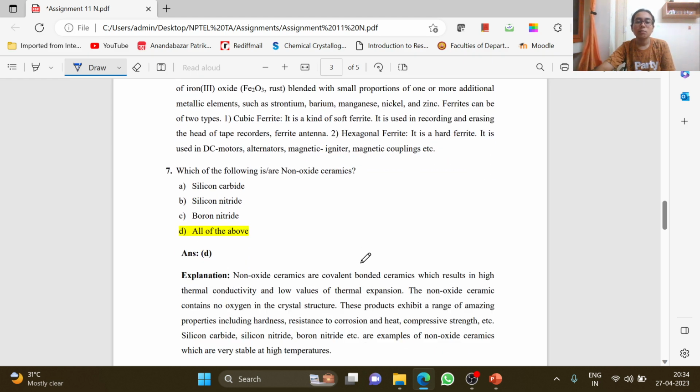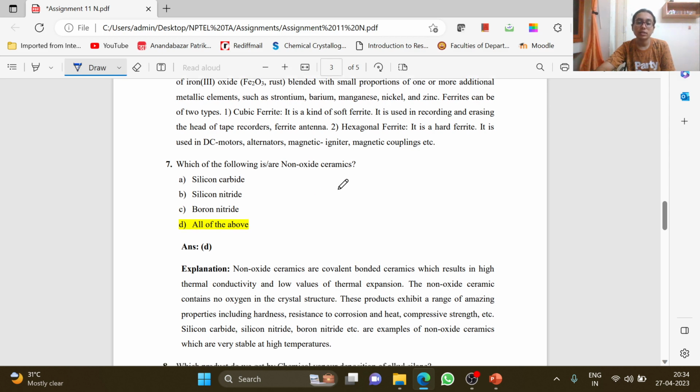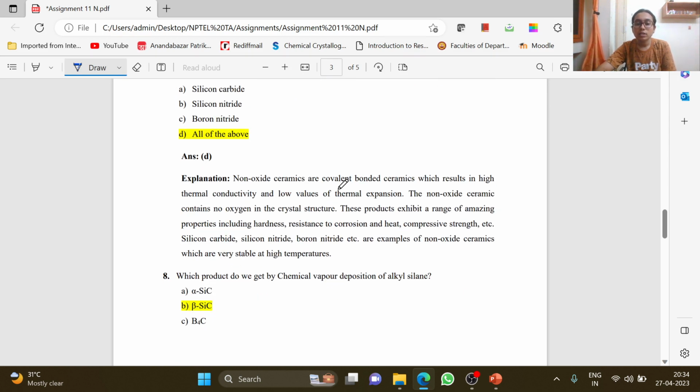Then the next question is: which of the following is a non-oxide ceramic? Silicon carbide, silicon nitride, boron nitride. All of these do not contain any oxide, and they are actually non-oxide ceramics. Non-oxide ceramics are covalently bonded ceramics, which results in high thermal conductivity and low values of thermal expansion.